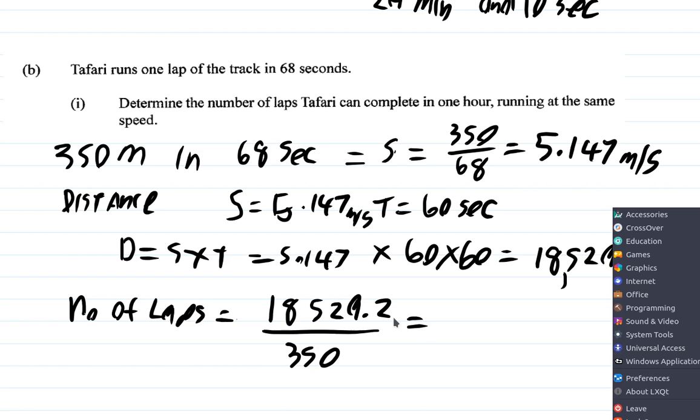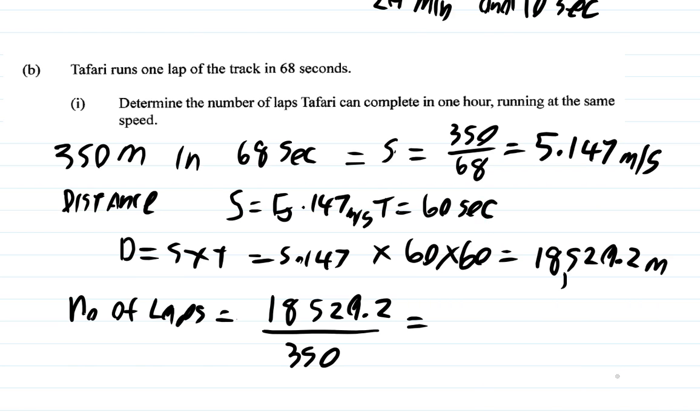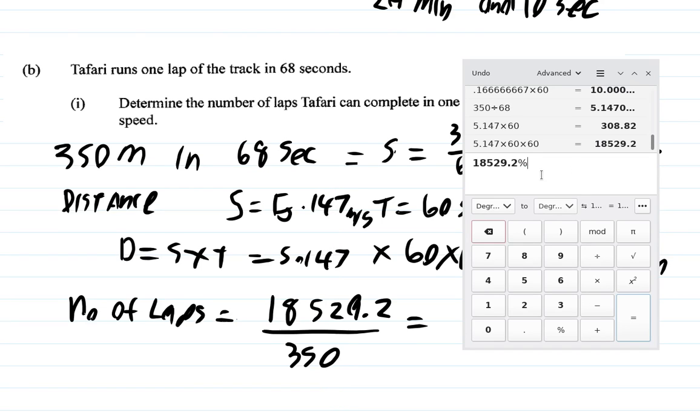So let's do that and see. So that, if I divide that by 350 equal, now that's 52.9 laps. It would almost come to 53 laps. Let's just say 53 laps.